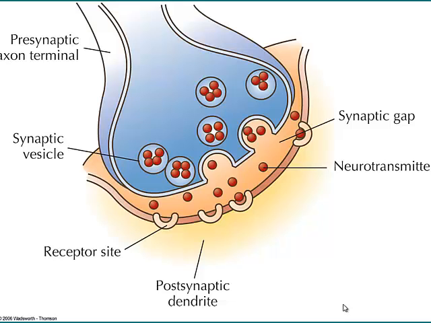Axon, electrical stimulation, pops open the chemical. Here come the chemicals, floating now in this gap. And then the dendrite has what's called receptor sites. See them here, here, and here? They vacuum up the chemicals. Each one of these receptor sites is specifically for a certain neurochemical. Only serotonin, only dopamine. Get that?